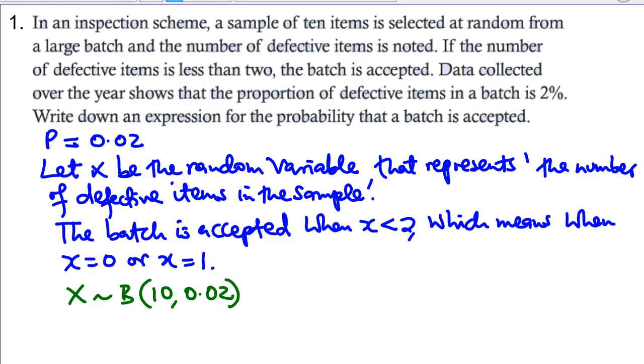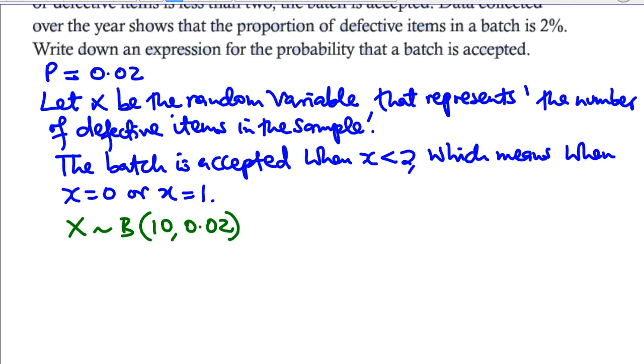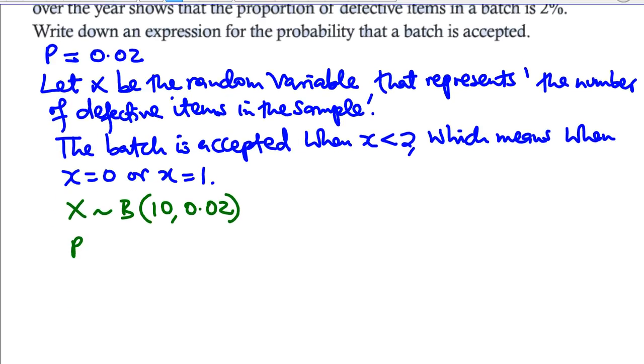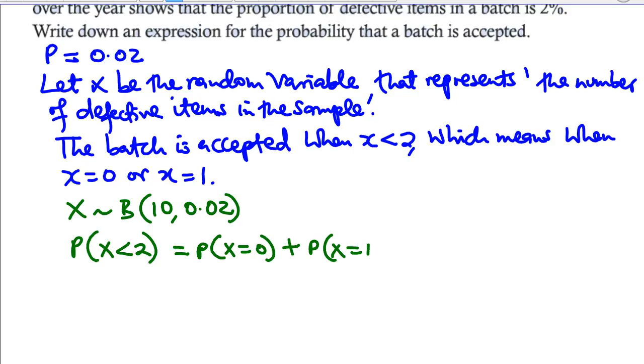So what we want is the probability that x is less than 2, and this is the same as probability x equals 0 plus probability x equals 1. Now, I'm going to use the formula from the formula booklet that I showed you in the previous page.